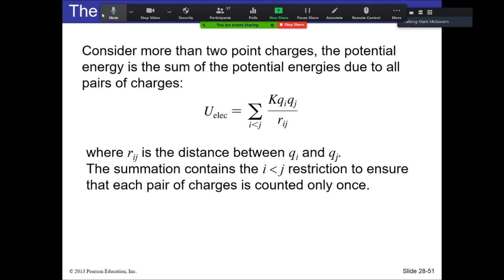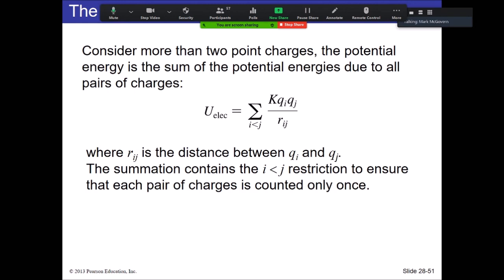So what you do is you have to add up the potential energy of every pair. This fancy terminology here, the summation of i and j such that i is less than j, is just a fancy mathematical way of saying you have to compute the potential energy of every single pair of charges.